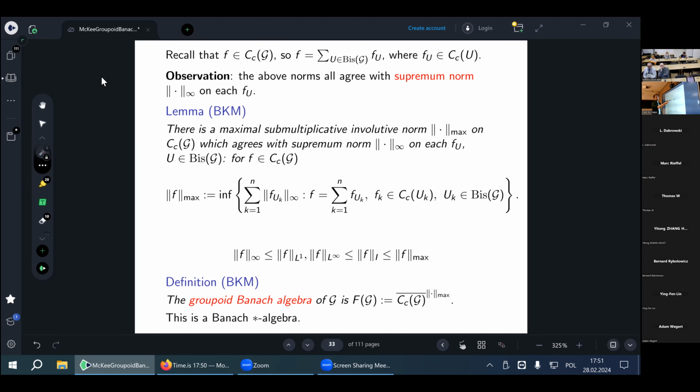Yeah, it's involutive, it respects the involution. What do you mean by involutive norm? The norm of f star is the norm of f. Ah, only this. Okay. Not the C-star condition, no, sorry. The C-star norm is smaller than this I-norm, so it's an isometry. Okay.